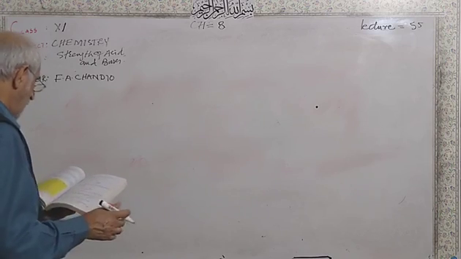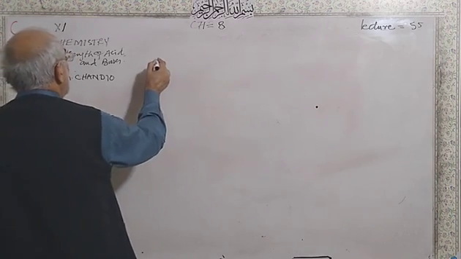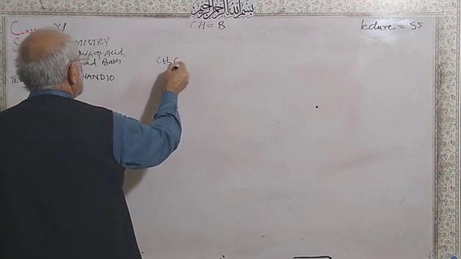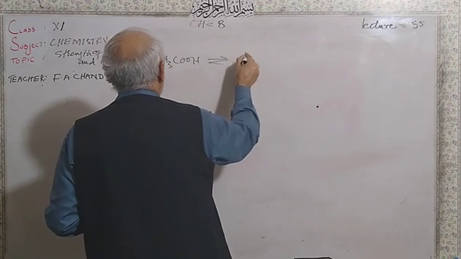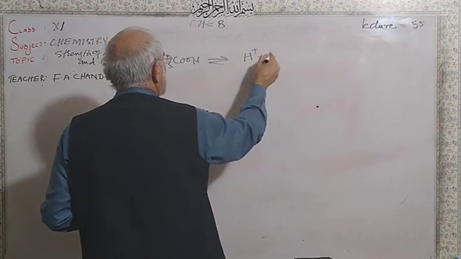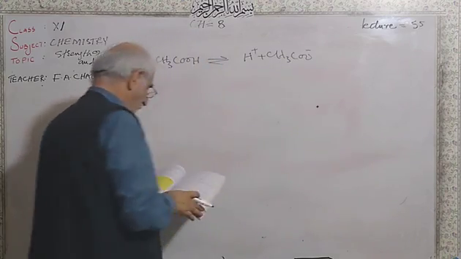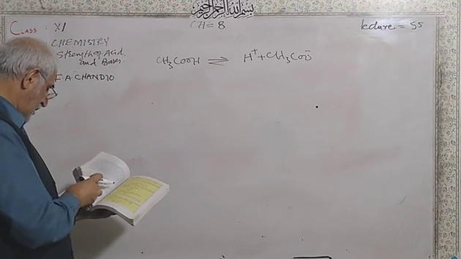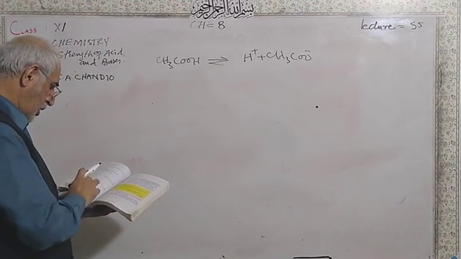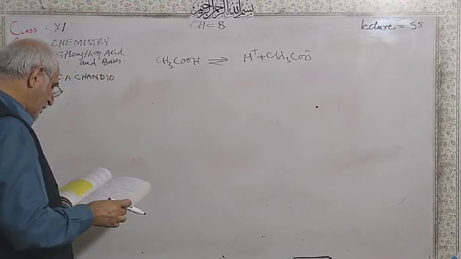In this numerical, here is the acetic acid, CH3COOH. It gives hydrogen ions and acetate ions, and you have a 0.1 concentration here.